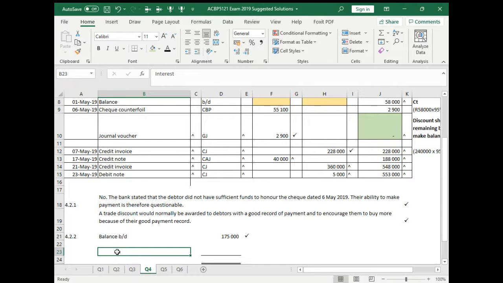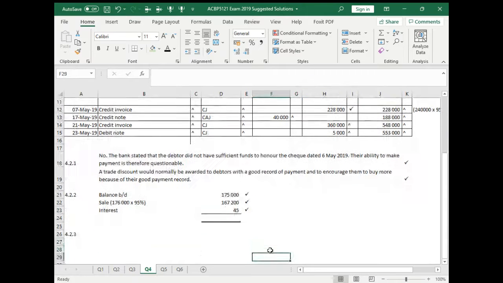Then on the 16th, we sold goods to them for 176,000, less 5% trade discount. So I show the sales transaction here, which is the 176,000 times 95%, which gives the value of what they've purchased. And the last thing is on the 27th, we've charged them another 45 Rand because they still owe us money, so we've levied interest onto their account.